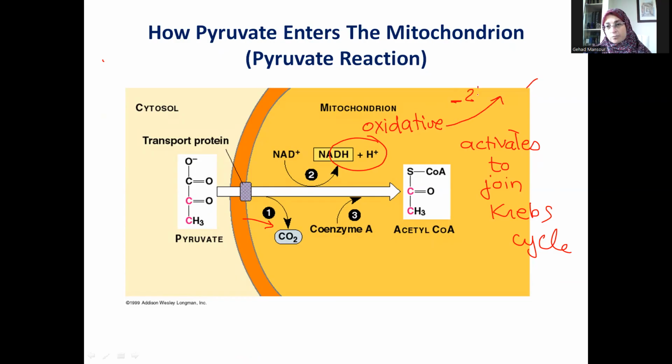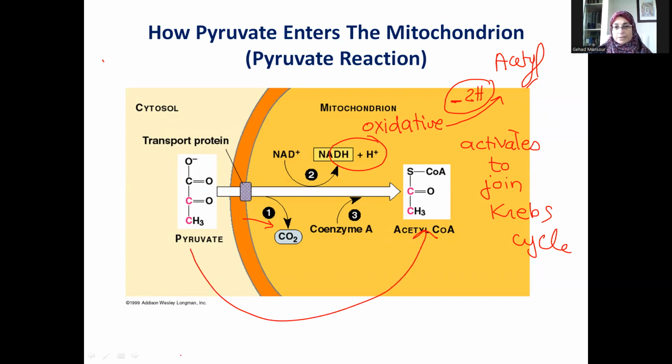And because you removed one molecule of carbon dioxide, you will definitely have a carbon atom less.